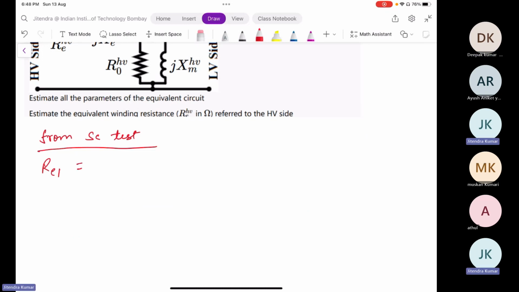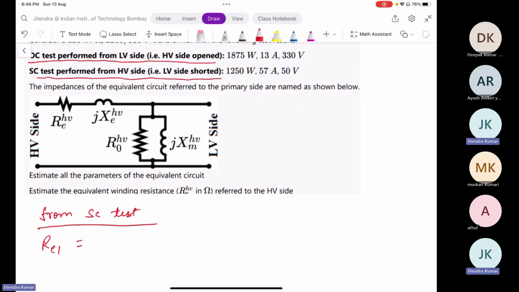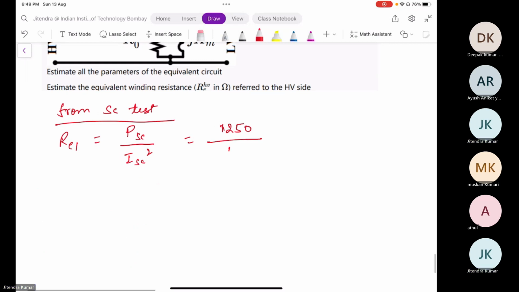So let us assume that I want to find out the resistance of the short circuit. Sir, P is equal to I square R. Yeah, correct. So it should be PSC divided by ISC square. It should be 1250 divided by 57 amperes square.